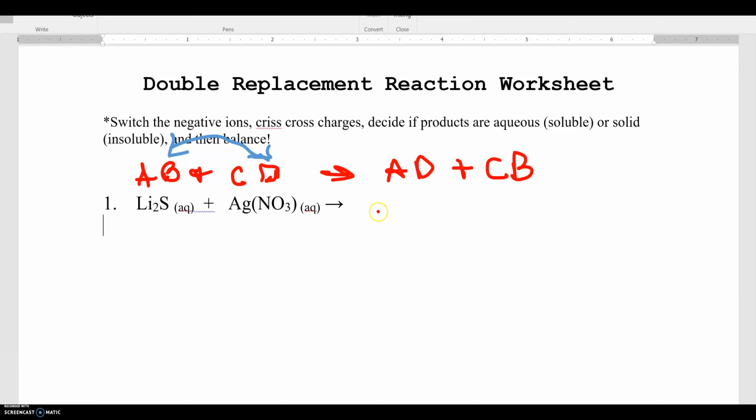So if we go on to think about this chemical equation that we have here, the answer would then be, we're going to keep the A where it is, so lithium, just like it is, and lithium's going to be attached to the D, so that's NO3. And then the silver, Ag, which is considered the C.